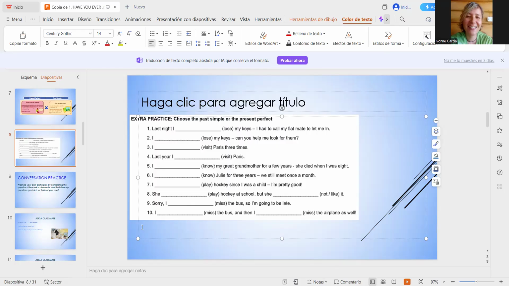Okay, let's say number three. In this case, it's another example. It's a different verb, a different situation. So here you need to conjugate the verb visit, and we have visit Paris 3 times. So which one do you prefer? Past simple or present perfect? Again, I'm going to give you some seconds.